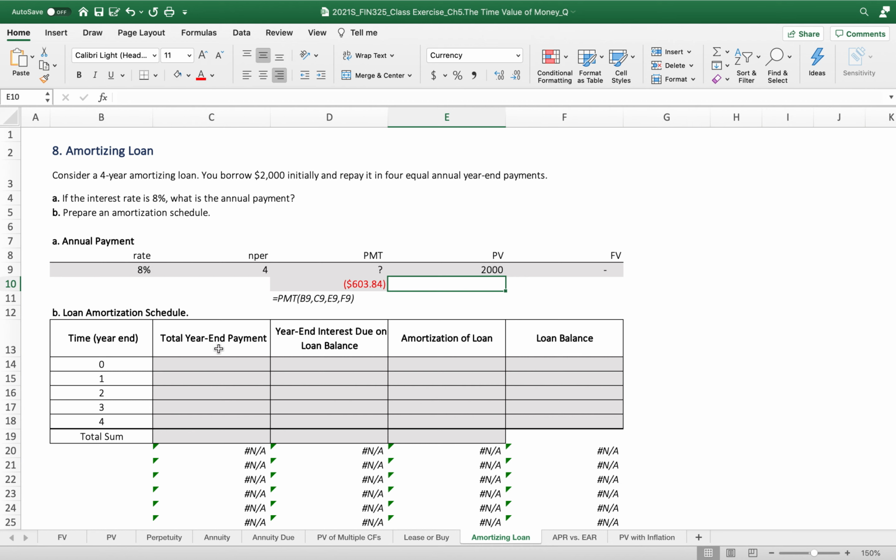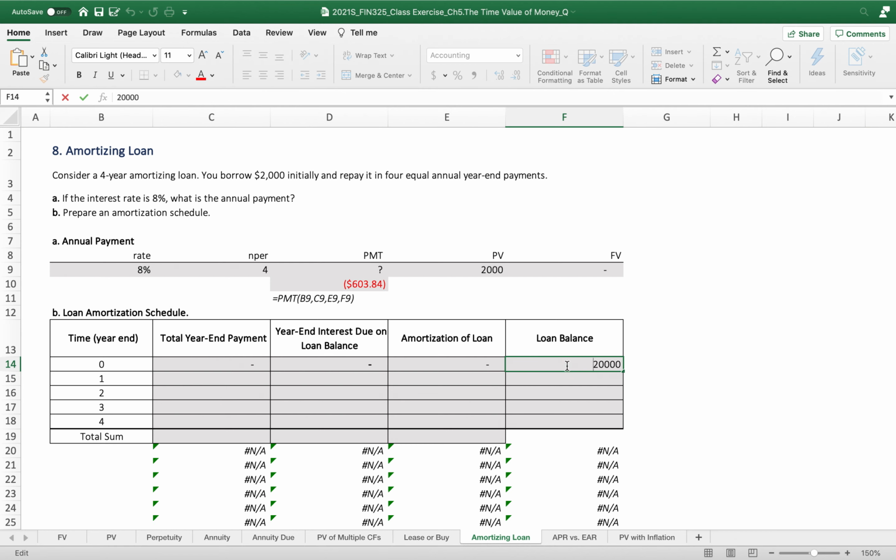Okay, so let's fill out the loan amortization schedule. Year 0 is the starting point, so the year-end payment is 0, and the year-end interest due on the loan balance is also 0. For the amortization of the loan, because it's not started yet, the loan balance at the start is just $2,000.